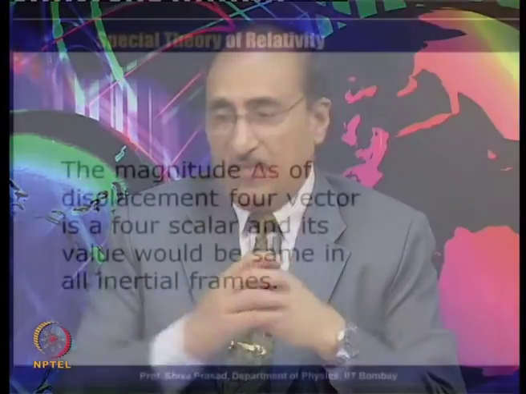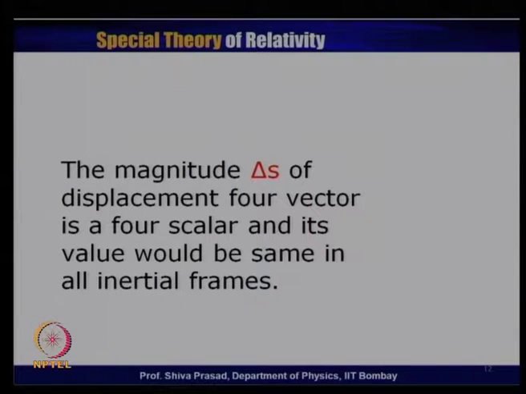In general, of course, with the transformation matrix, delta y turns out to be the same as delta y prime, delta z the same as delta z prime, but all these quantities in general would change. But if you take the length of the 4-vector, that will not change. The magnitude delta S of the displacement 4-vector, therefore, is a Lorentz scalar, and its value would be the same in all inertial frames.